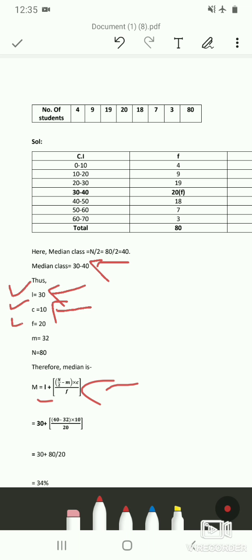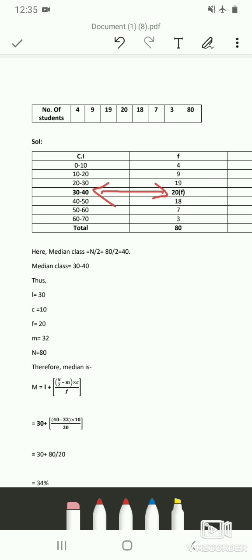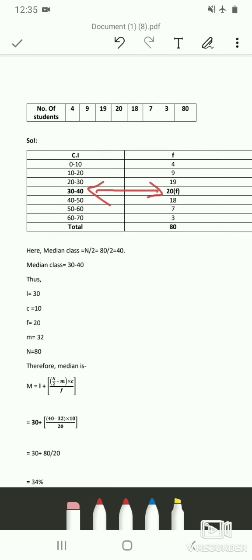Then f is nothing but the frequency corresponding to the median class, which is 20. And small m is nothing but the value that has to be checked in the LCF.